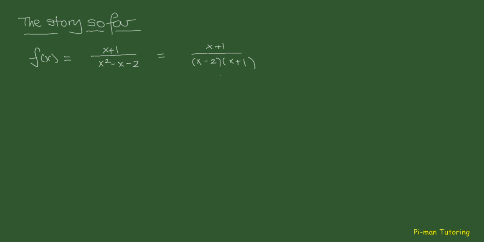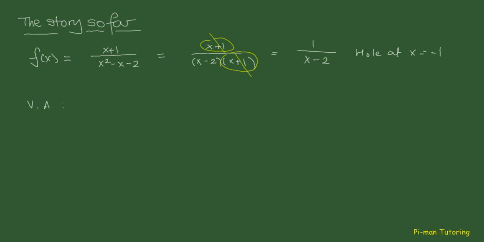So we've managed to factor the denominator, and we've got a common factor in the numerator and the denominator, so we can cancel those out and reduce this function down to simply 1 over x minus 2, and with a hole in the function at x equals negative 1. So after looking for holes, we could also look for vertical asymptotes.